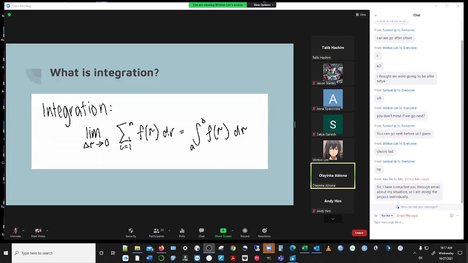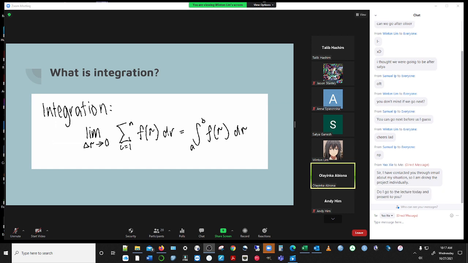Our group will be looking at the surface area and the volume of a sphere. This relationship can best be described by looking at the relationship between the area and circumference of a circle. Let's start by understanding integration. Integration is a way of summing up small items to find the whole.